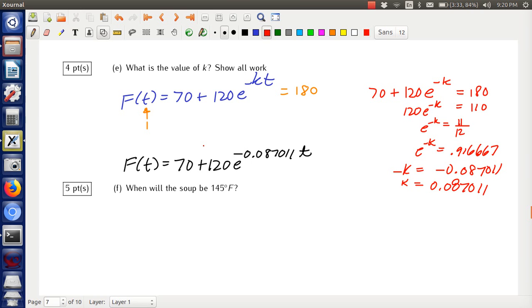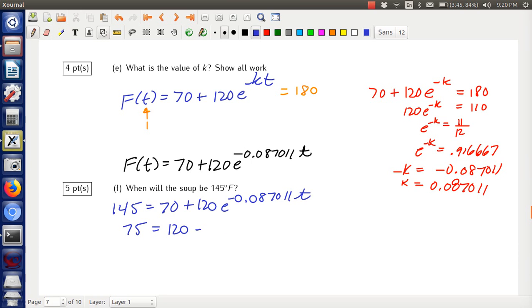All right. So when will the soup be 145 degrees? So we just solved this for t, we've done this before, find t, so we're going to subtract from both sides, and so on.